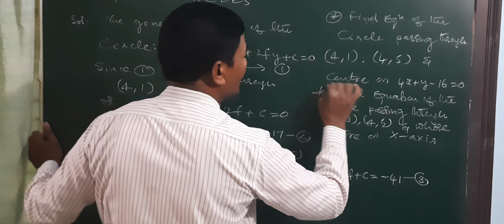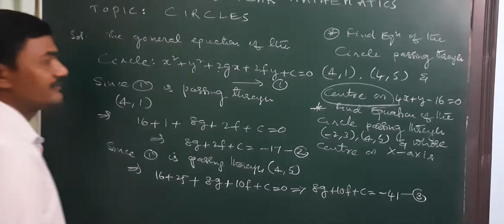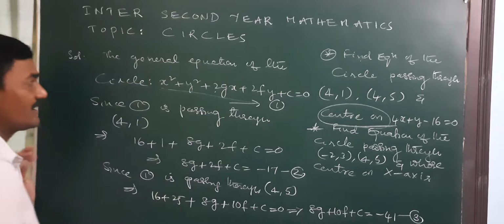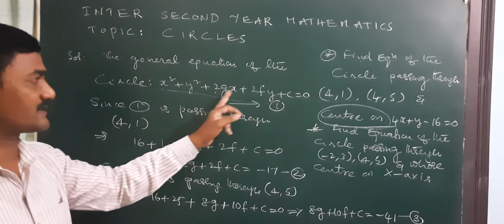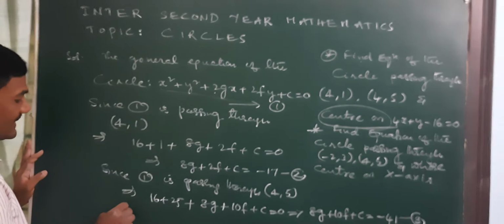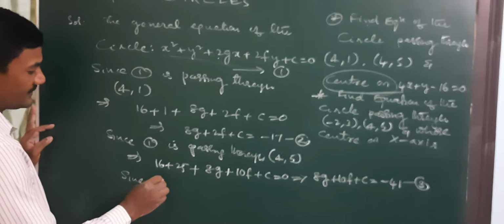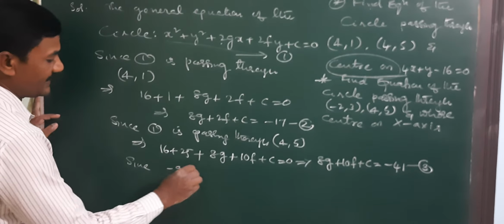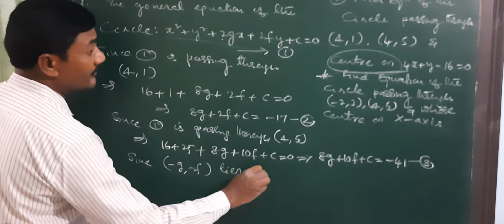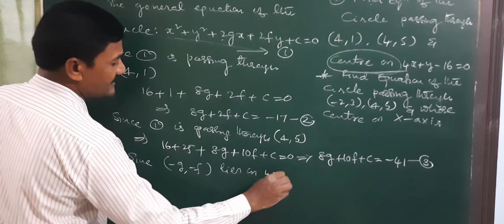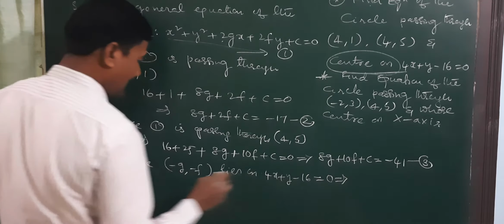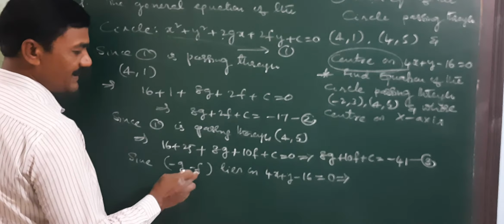And also the center lies on that line. The general equation of the circle is x square plus y square plus 2gx plus 2fy plus c is equal to 0, and the center is (minus g, minus f). Since the center (minus g, minus f) lies on 4x plus y minus 16 is equal to 0, x is replaced by minus g and y by minus f.